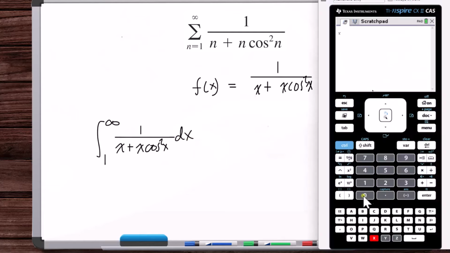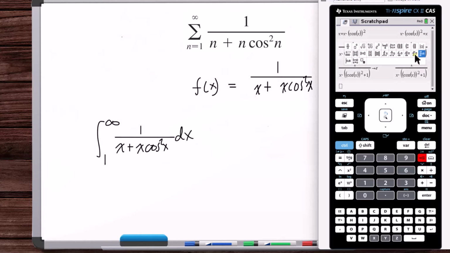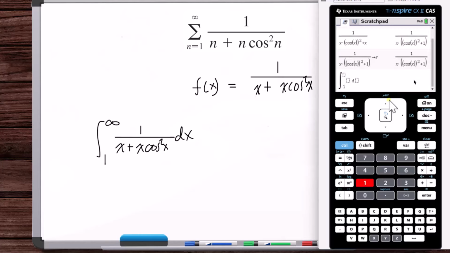So x plus x times cosine x squared, 1 over that. Integral from 1 to infinity.